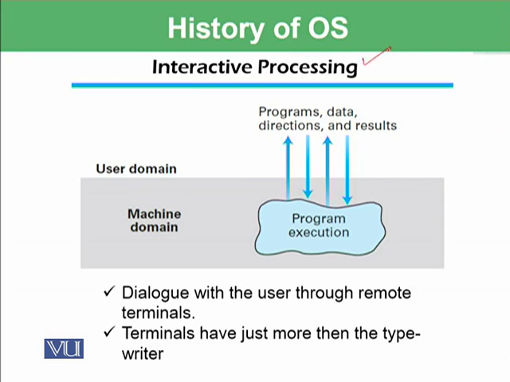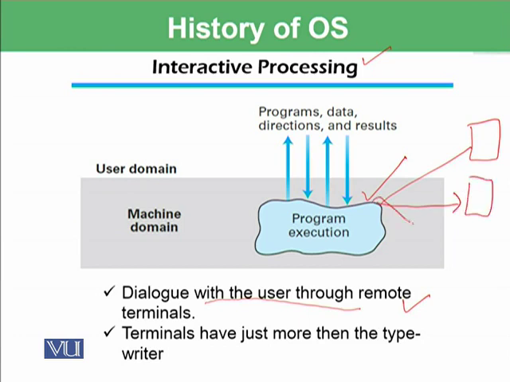In this interactive processing, in fact, there is a dialogue between the user and the computer through remote terminals. For example, the user has submitted his or her jobs to the operator, but those jobs are being executed within the computer and people can see them on different terminals.